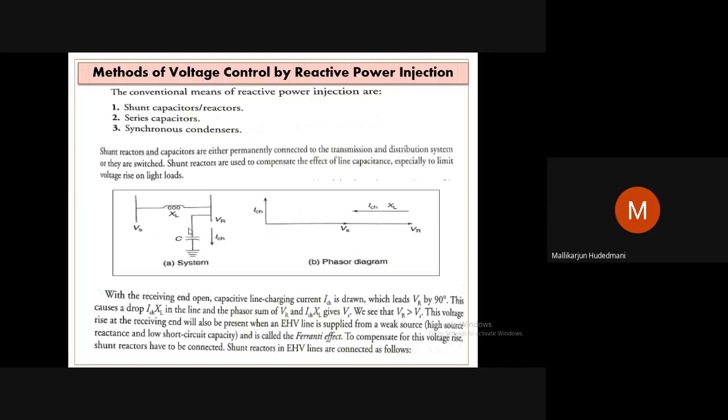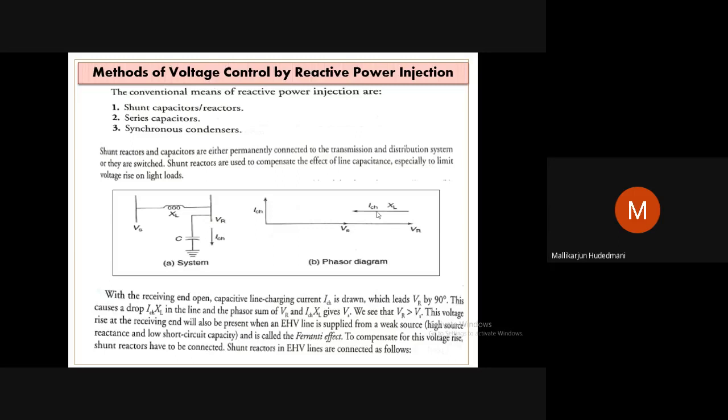The shunt capacitor at the load side has a leading current with respect to voltage, shown vertically upward in the vectorial representation. And this leading charging current, I capacitor into XL, compensates the drop from VR down to Vs.